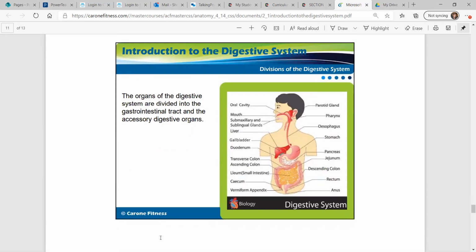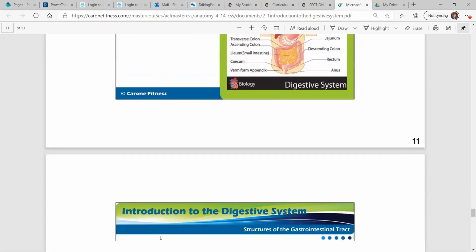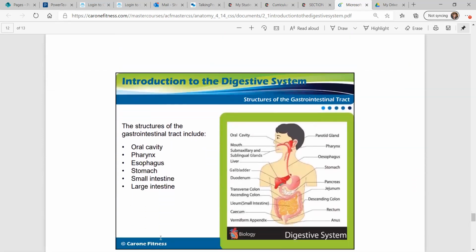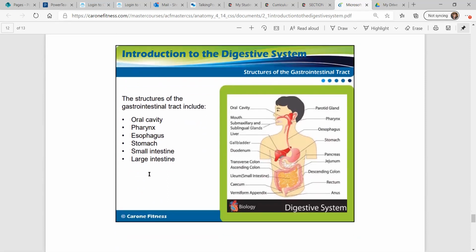The organs of the digestive system are divided into the Gastrointestinal Tract, or the GI tract, and the accessory digestive organs. Here's all the structures of the GI tract. Starts with the mouth, down through the pharynx, esophagus, stomach, small intestine, and large intestine.